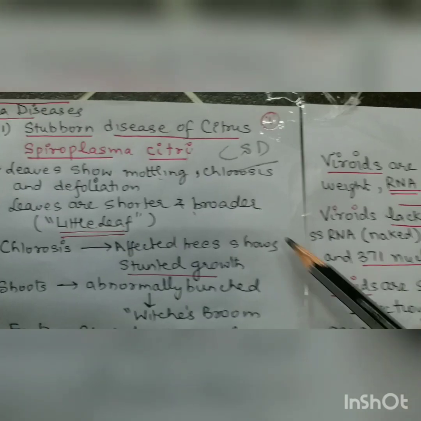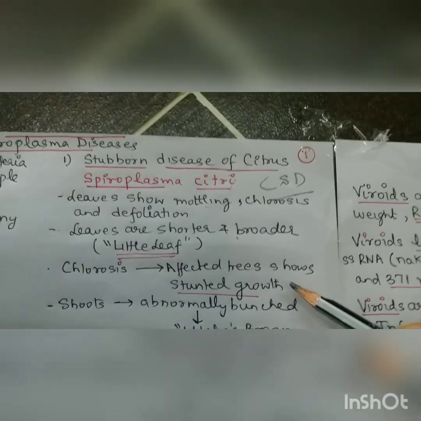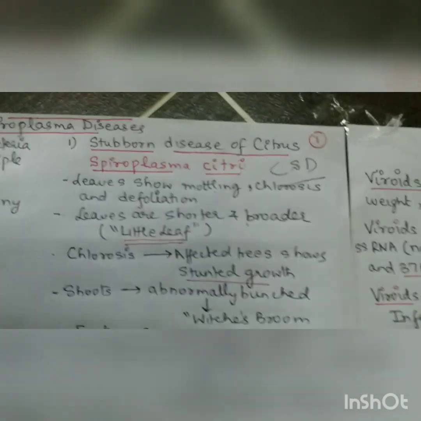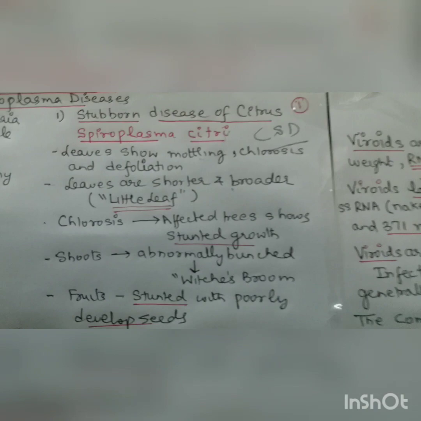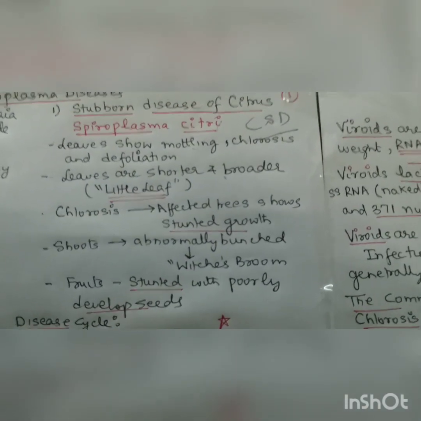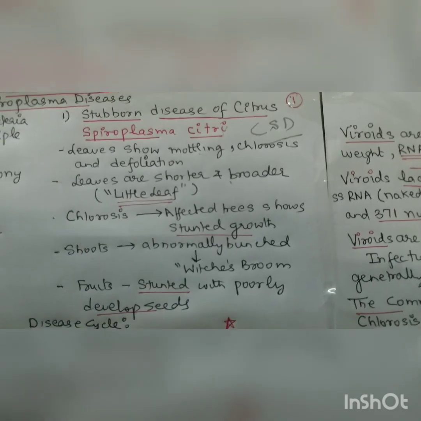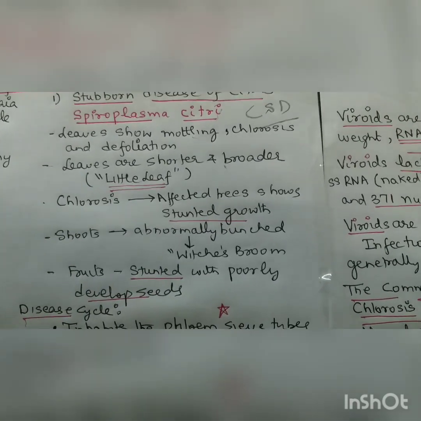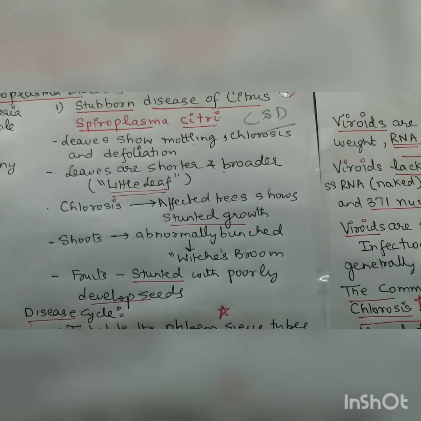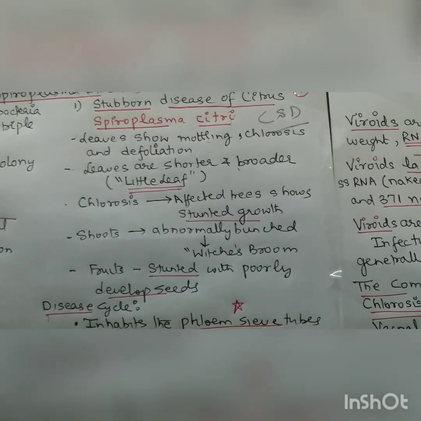And it is known by different names in different countries, whereas in Israel it is known as the little leaf disease, right? So the first symptoms which start are on the leaf. They are small in size, with an upright position. And these small leaves with upright position show a mottled appearance and venal chlorosis.